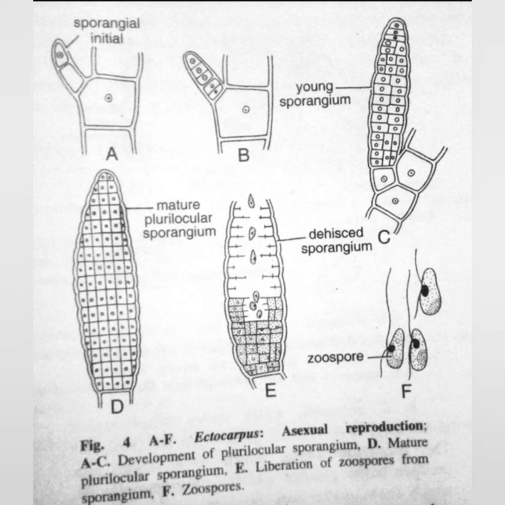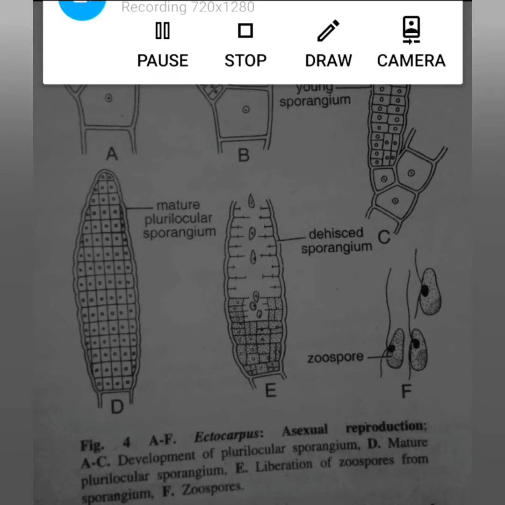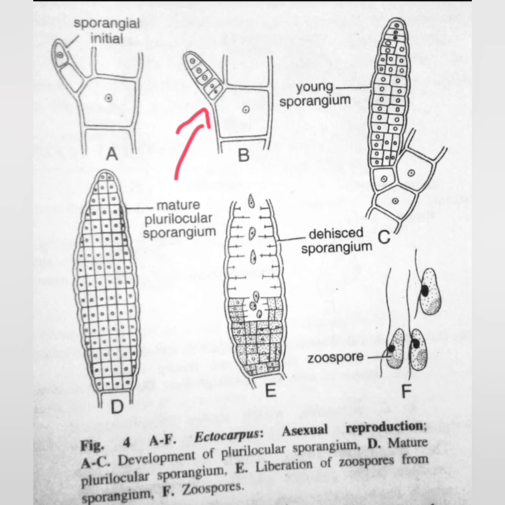sporangia is that the sporangial initial, as you can see here in figure B as well as figure C, undergoes repeated transverse as well as vertical divisions, forming as many as 660 cubical cells.